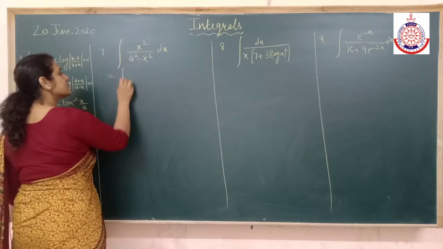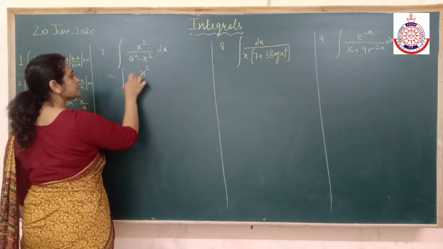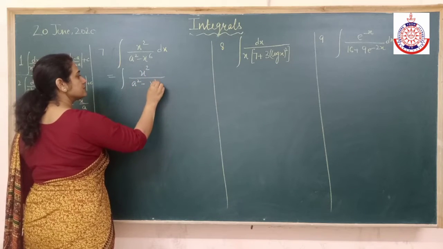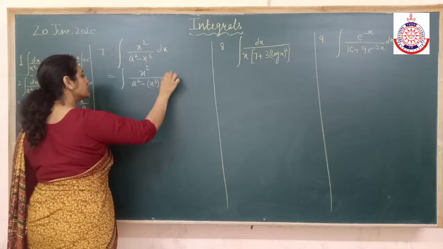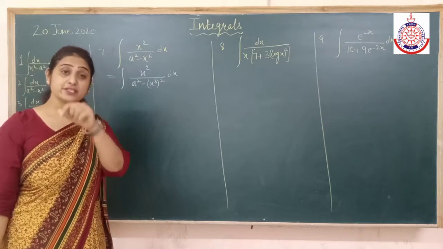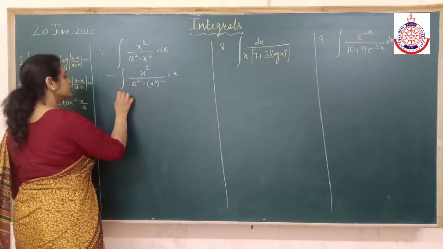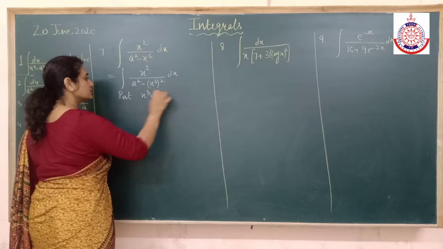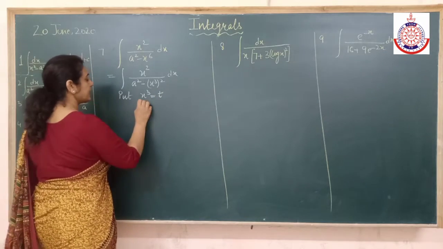So, can I write this denominator as this? X raised to power 6 as x square of x cube. Now put... alright.